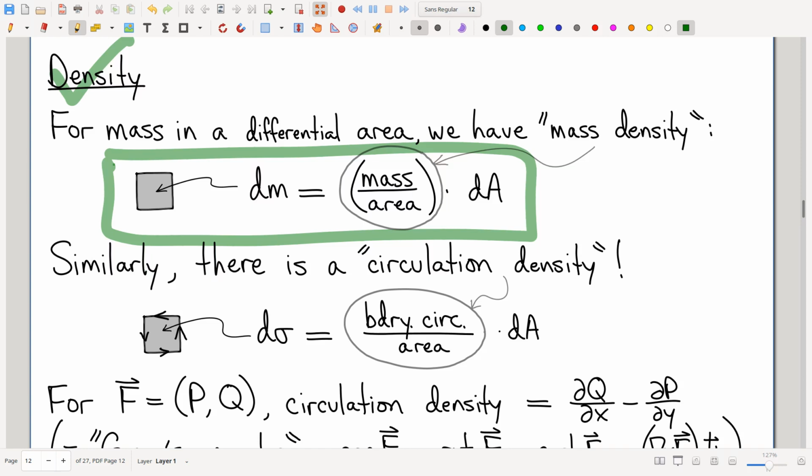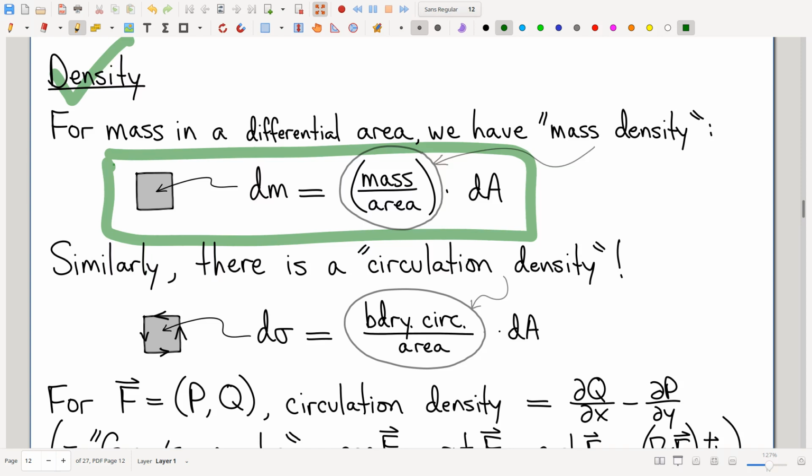And I can talk about the area of that little region, and therefore how much mass is in here per unit area, and that's this idea of a density. We've seen various different kinds of densities, mass density and population density, and various different versions of this.